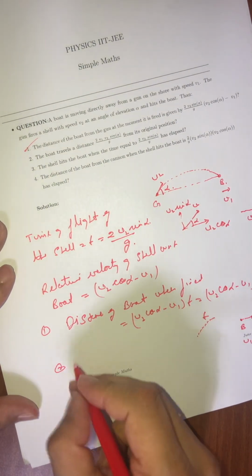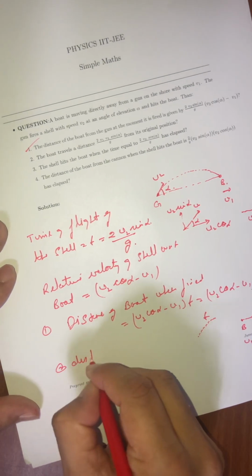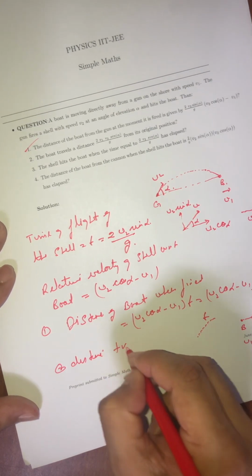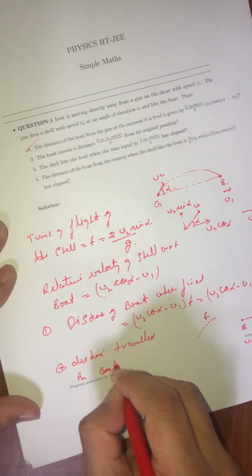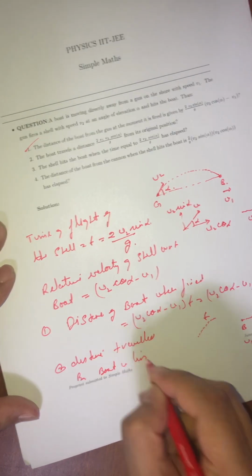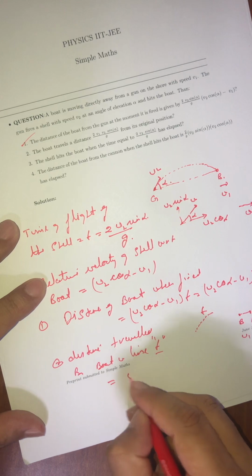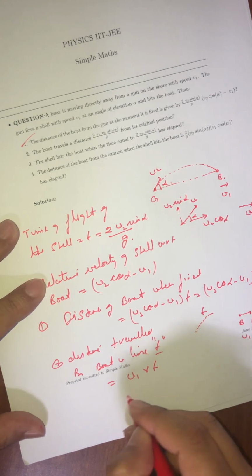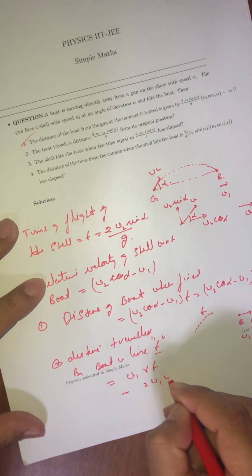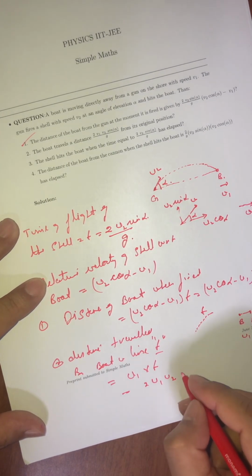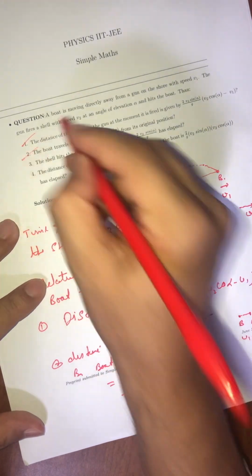The distance traveled by the boat in time t will be equal to v1 multiplied by t. T we already know, so we can write this as twice v1 v2 sine alpha divided by g. So this proves our second part.